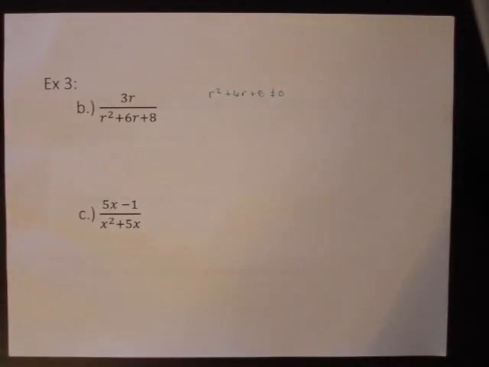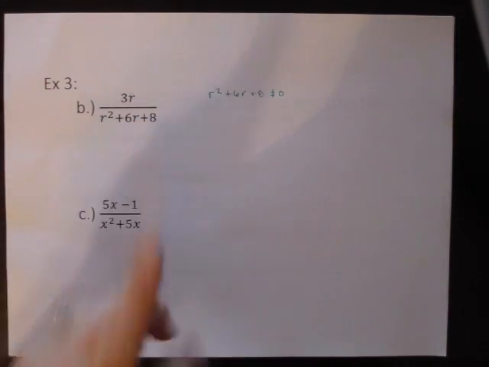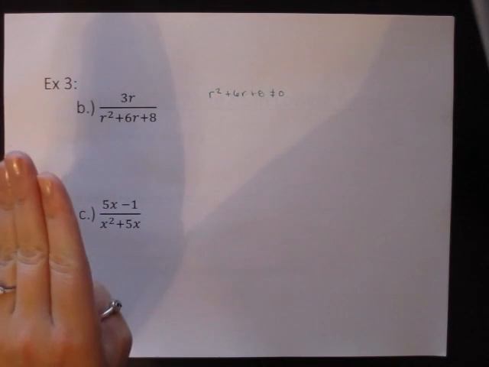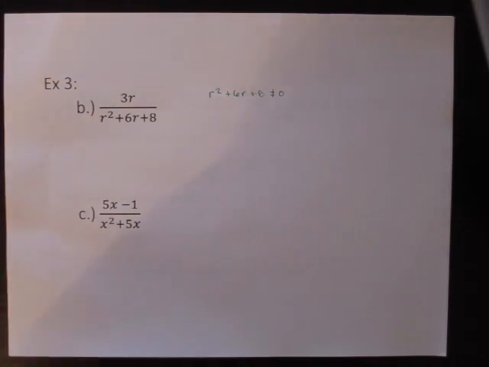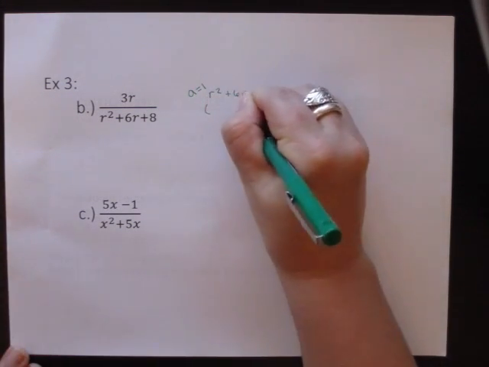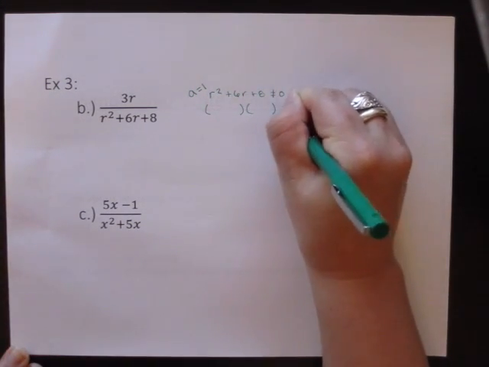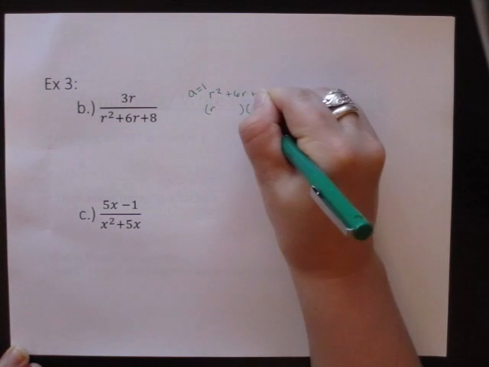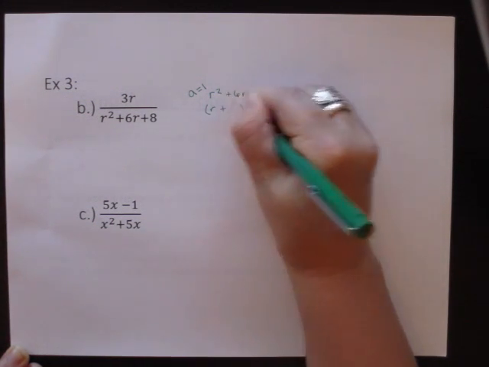Alright, so this is where the factoring is fun worksheet should come in handy. You've got 3 terms, so it either can be a equals 1, a doesn't equal 1, or a perfect square trinomial. If I look at this, I see that it is a equals 1, so I set up my two binomials, not equal to 0. I go r, it's plus plus, so I go plus plus.